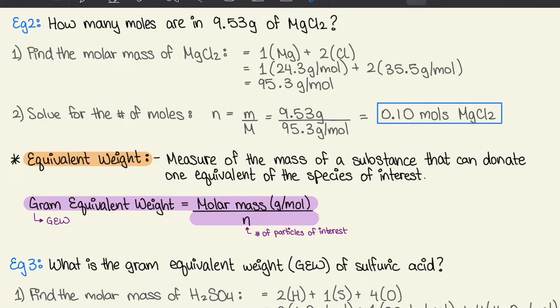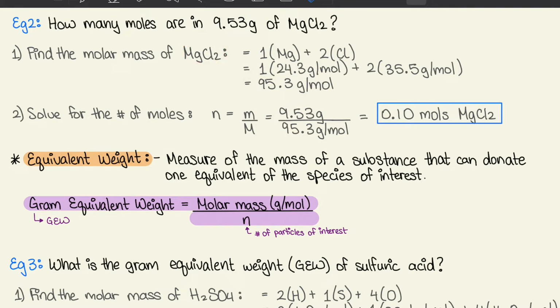So it's going to be 1 times the molar mass of Mg, so that's 24.3 grams per mole, plus 2 times the molar mass of chlorine, which is 35.5 grams per mole, and we're going to add all of that up. We're going to get 95.3 grams per mole for the whole compound.